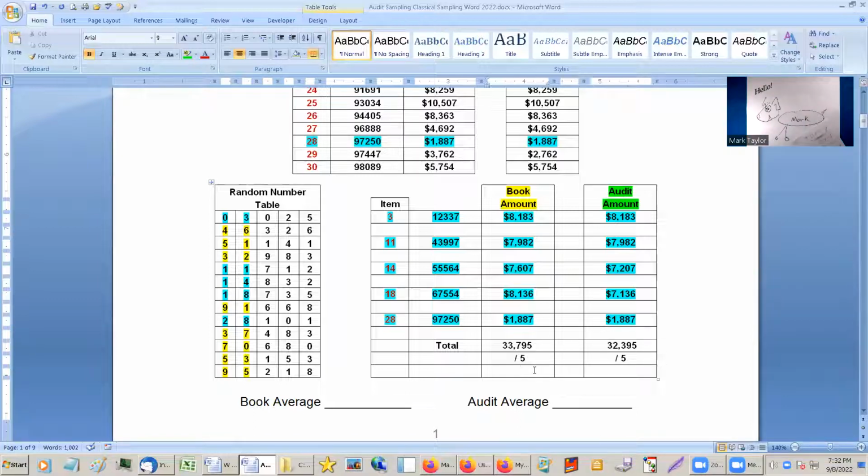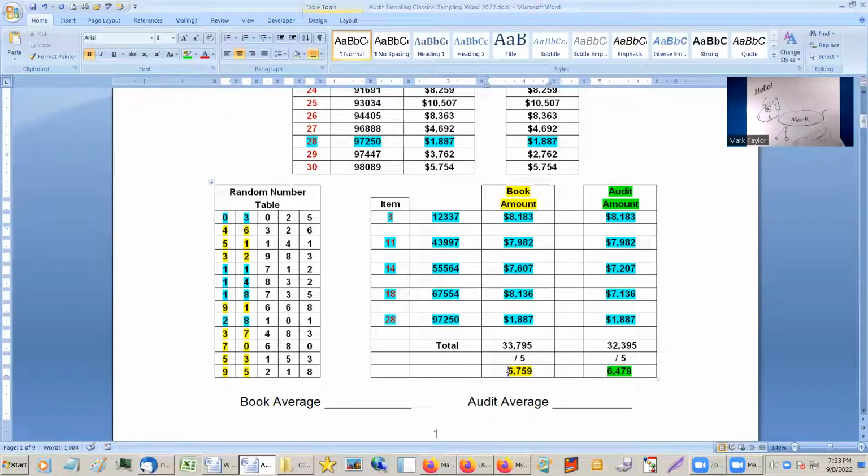So 67.59 for the book, and then 64.79 for the audit. Okay, so this is the book amount. This is the book average, and the audit average.